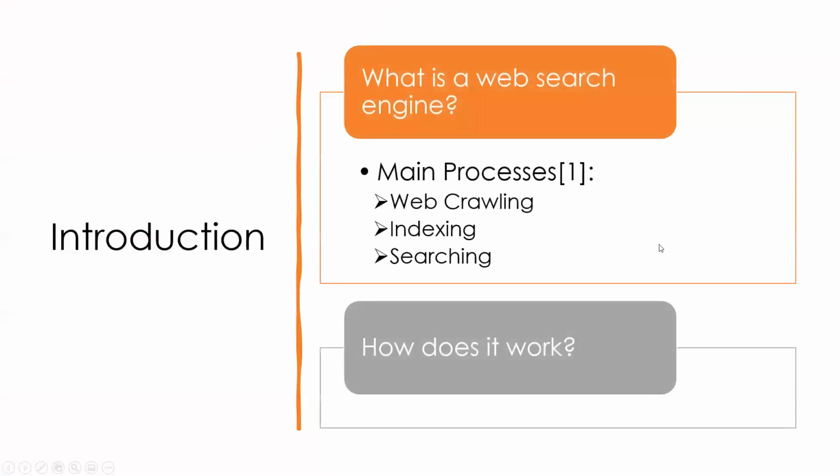So, what is a web search engine and how does it work? A web search engine is essentially a very large data mining application where various data mining techniques are used, such as crawling, indexing, and search. In other words, it is a software application that crawls the web to index web pages and provides information based on the user search query.